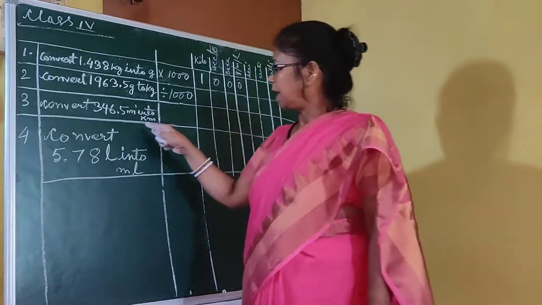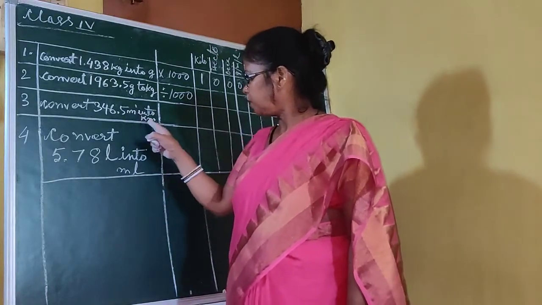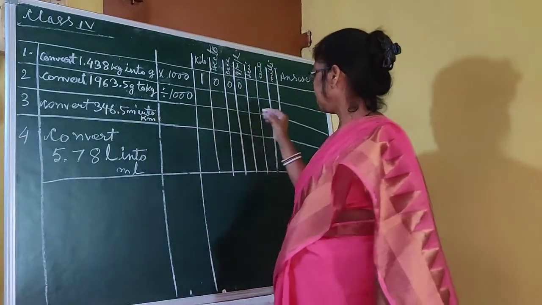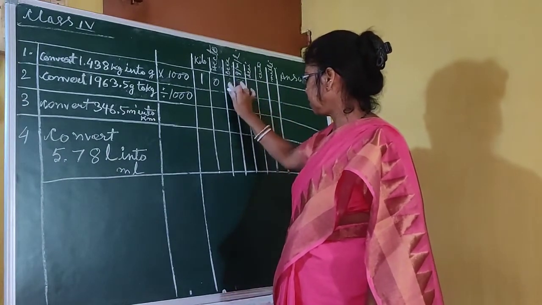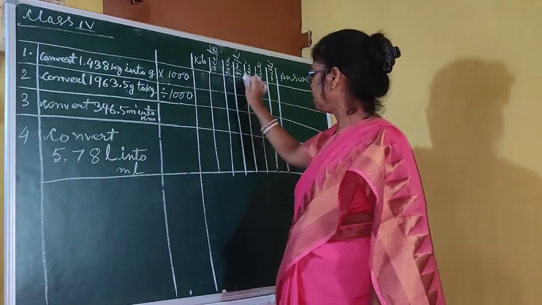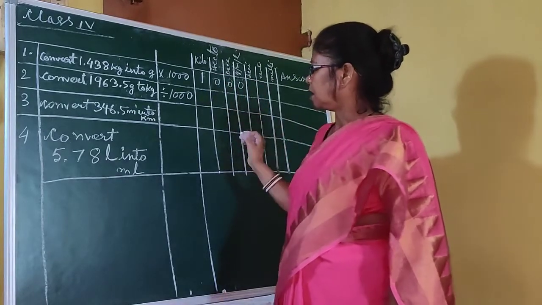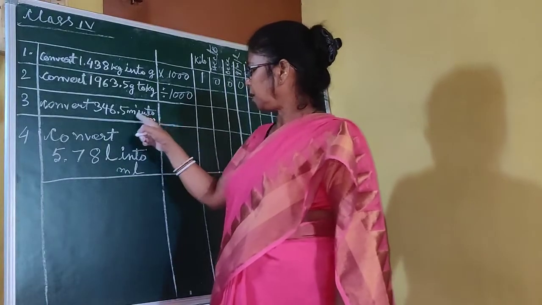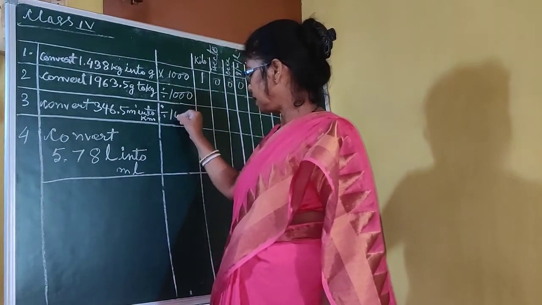So here it will be divide. Convert meter into kilometer on the meter scale: 0, 0, 0, 1, that is 1000. So meter to kilometer, you have to divide by 1000.